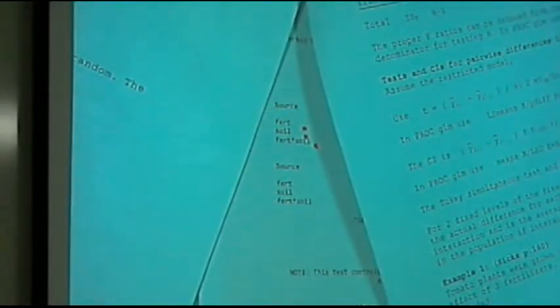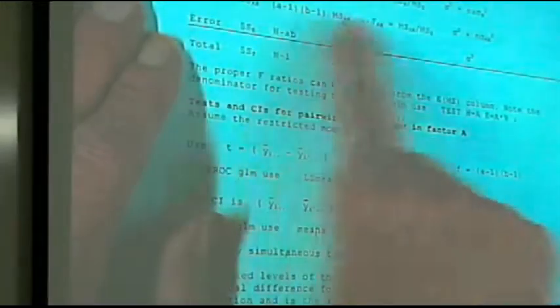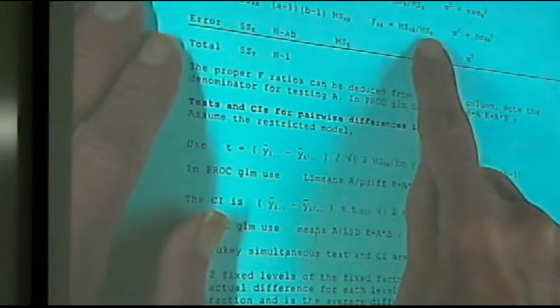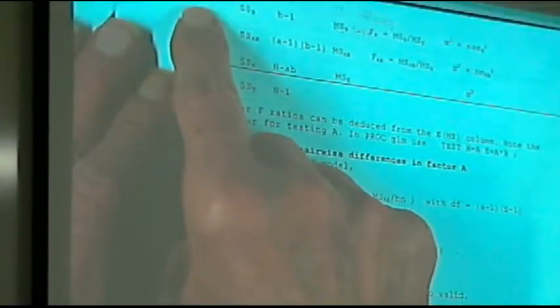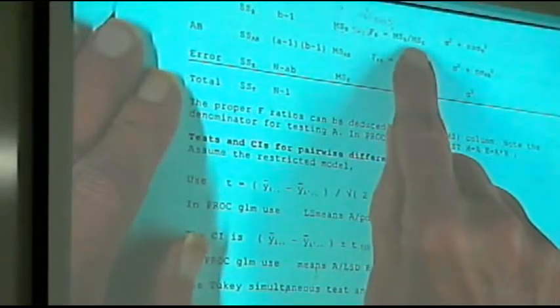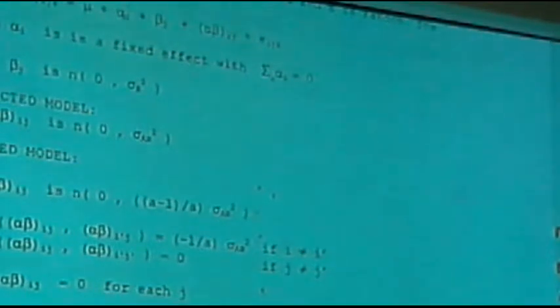What I want to start noticing is that, reading up from the bottom, for the interaction AB, the proper denominator is mean square error. For the random factor B, the proper denominator is again mean square error. But, sorry, this is split across 2 pages here. For the fixed effect A, the proper denominator is the interaction AB.